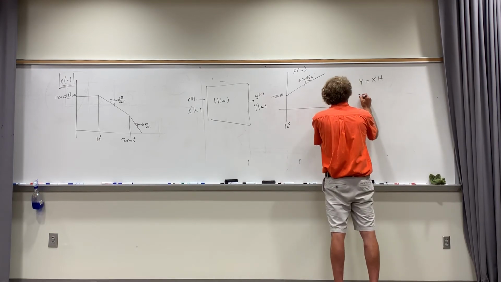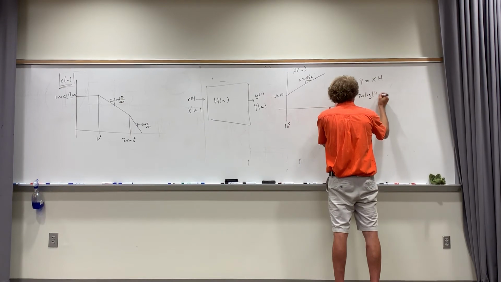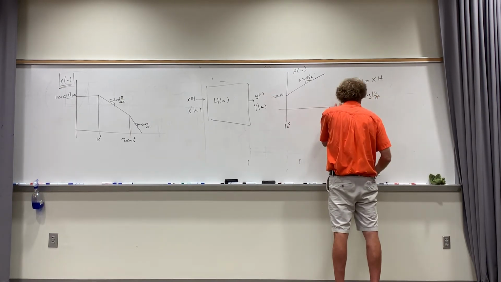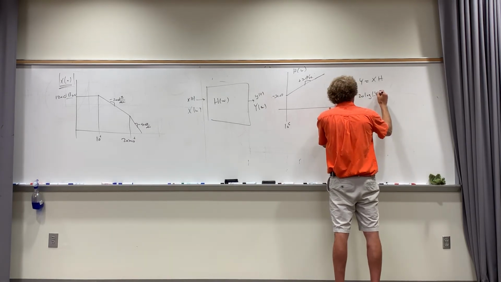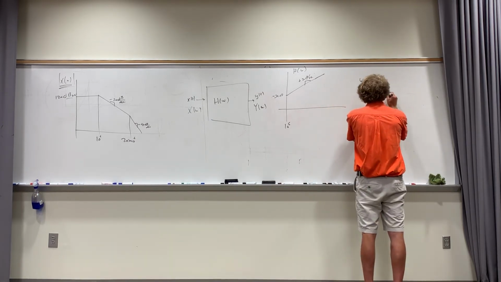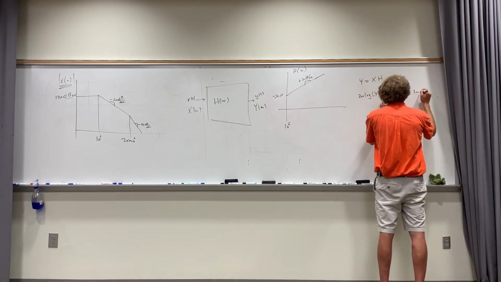So if I take 20 times the log of Y over 10 to the minus 6, well, actually, X is already in dB microvolts, so it's just 20 times the log of Y. That's going to be equal to 20 times the log of X plus 20 times the log of H, right?